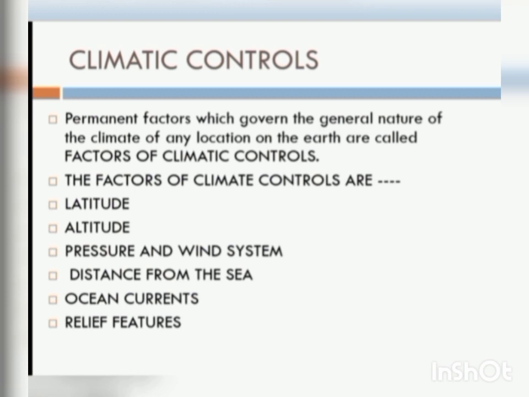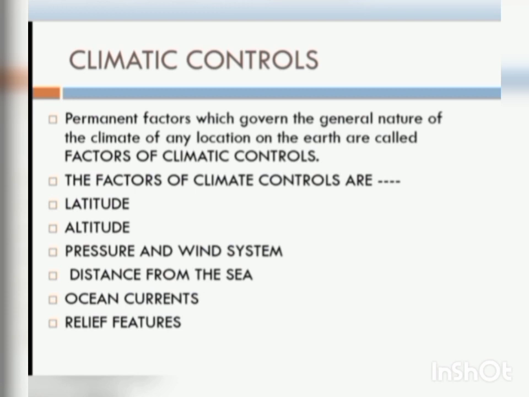First, latitude. The angular distance of a location from the equator in north-south direction is called latitude. Due to the curvature of the earth, the amount of solar energy received varies with latitude.